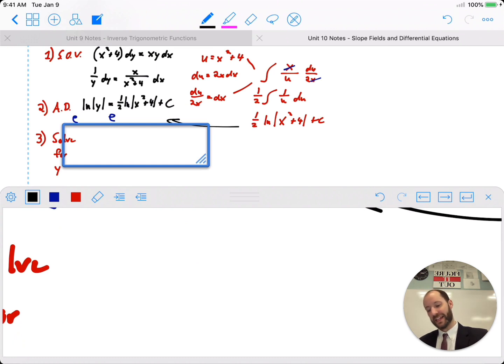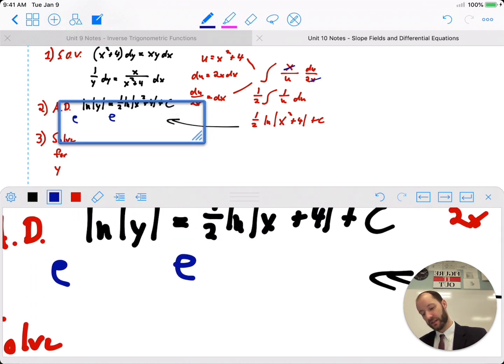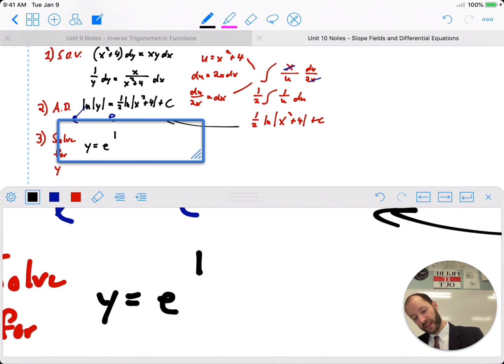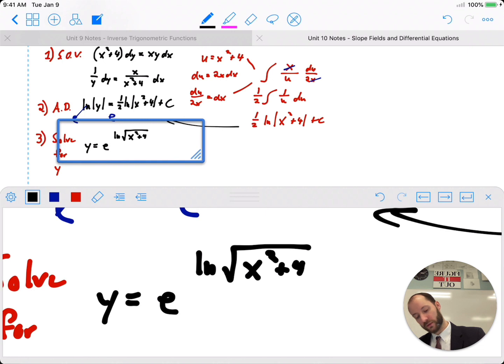So e and ln on the left side are going to cancel out. We just have y equals, on the right side, e to the power ln, going to move the 1/2 to an exponent on the x squared plus 4. So I'm going to get square root x squared plus 4 plus c. So all of that turned to an exponent with a base e.